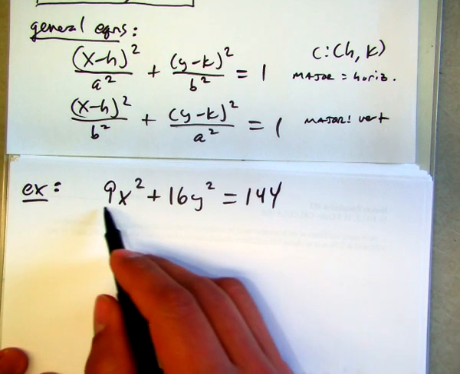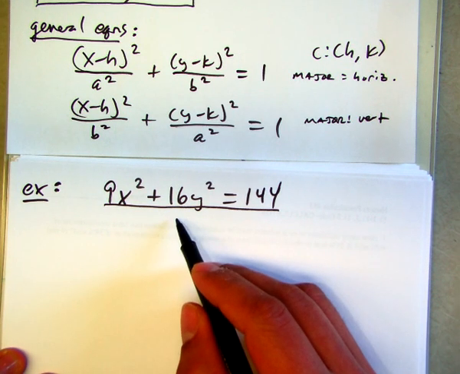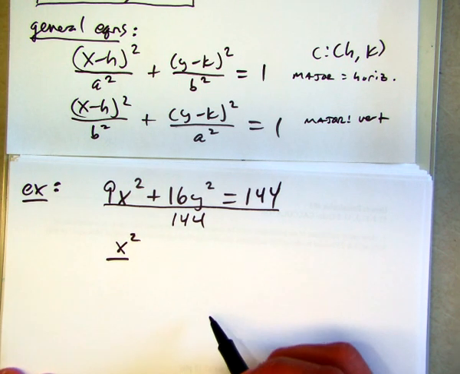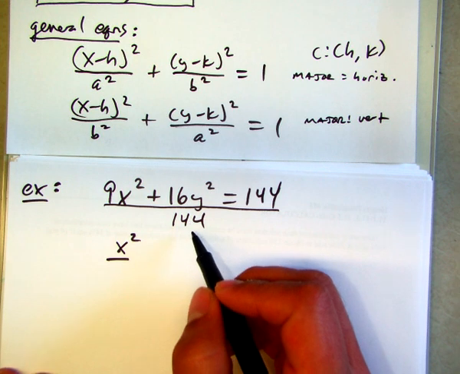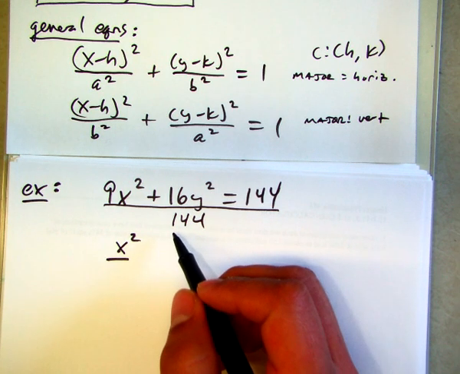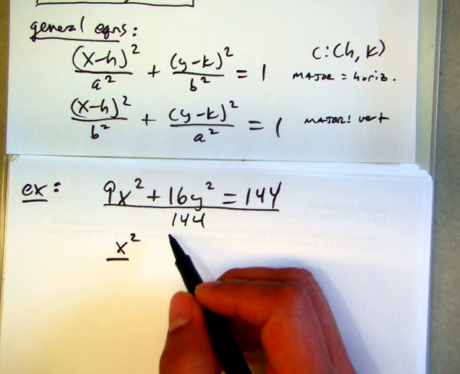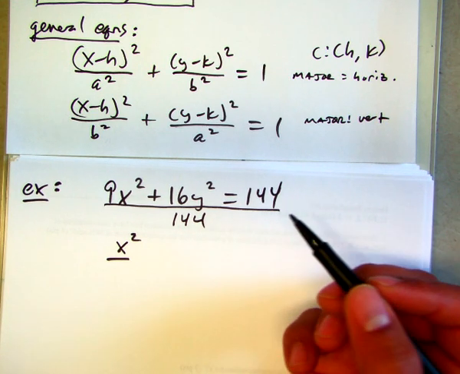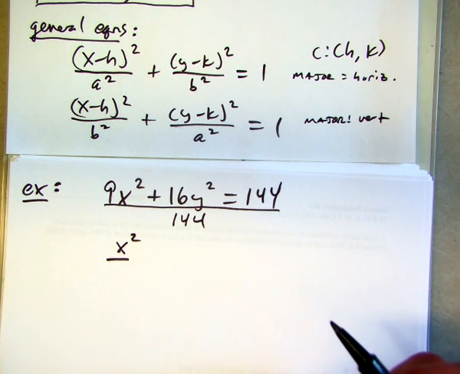Divide by 144. So then 9 over 144 reduces to a fraction: 9 divided by 144 equals 1 over 16.